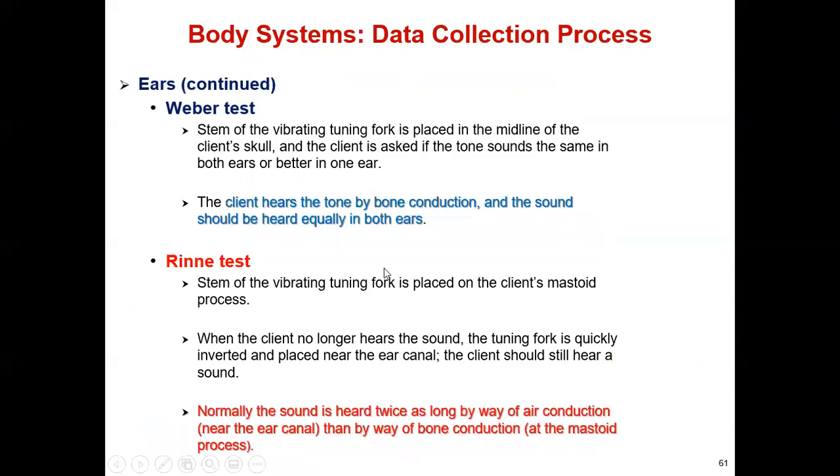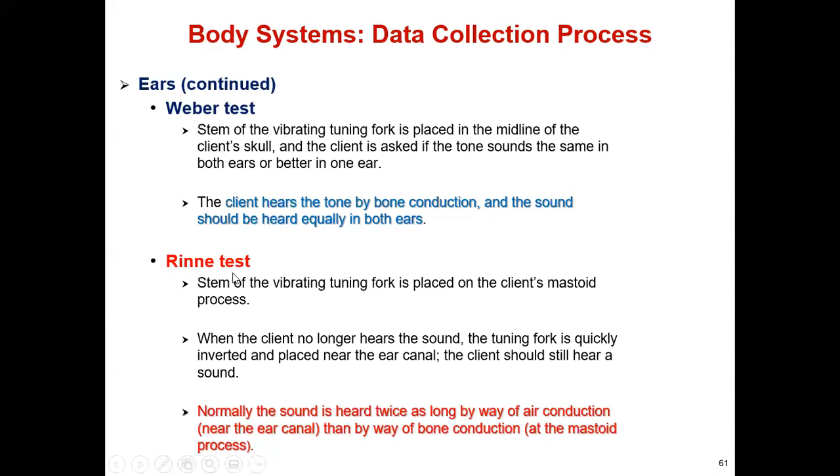Then next, a little bit more explanation. Let me read it. Weber test: the stem of the vibrating tuning fork is placed in the midline of the client's skull, and the client is asked if the tone sounds the same in both ears or better in one ear. The client hears the tone by bone conduction, and the sound should be heard equally in both ears.